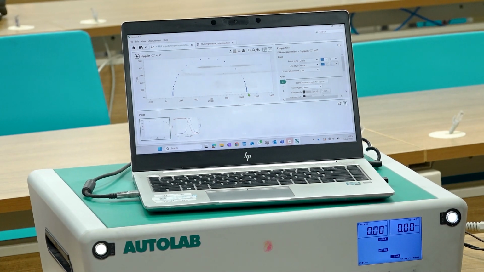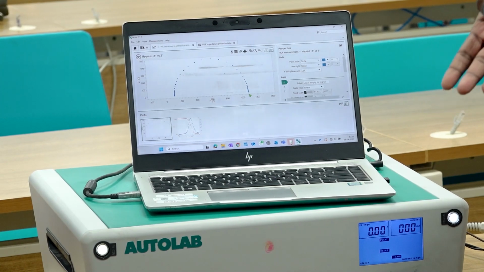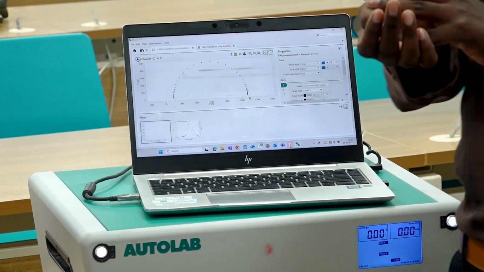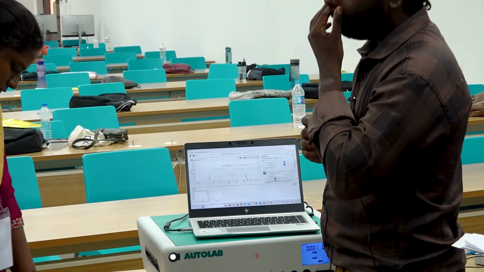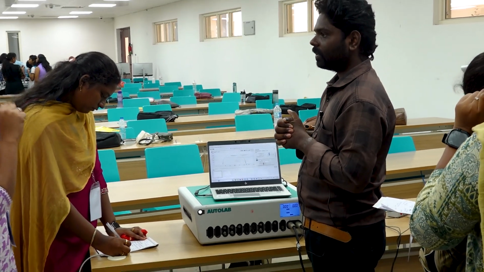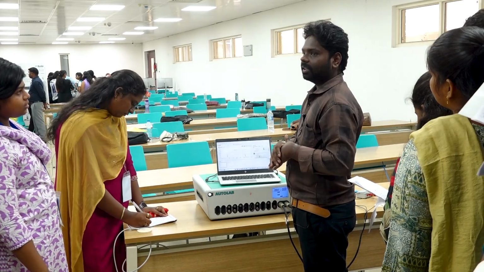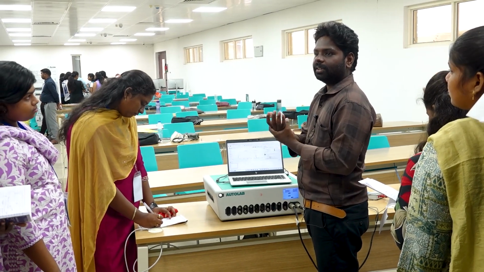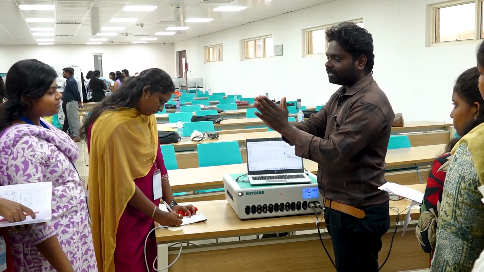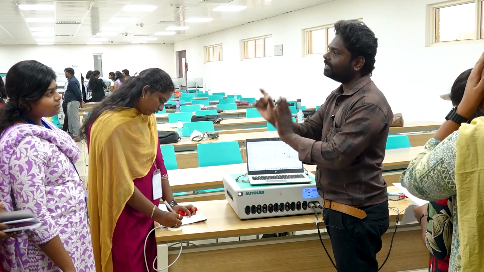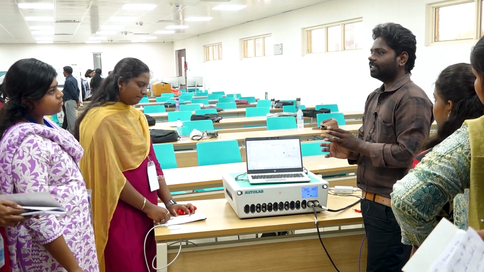So what's the difference between solution resistance and charge transfer resistance? Starting point of the graph is internal resistance, and the end of the semicircle is charge transfer resistance. Is that correct or wrong? I was asking what the difference is between internal resistance and charge transfer resistance.